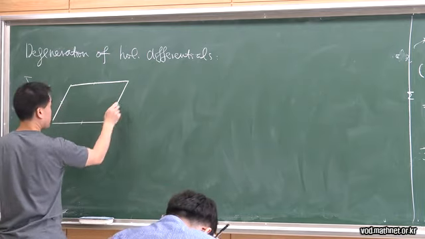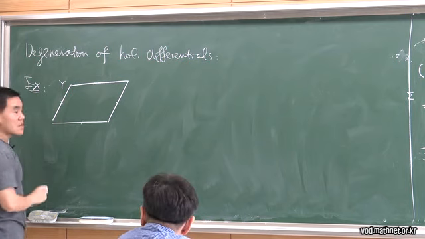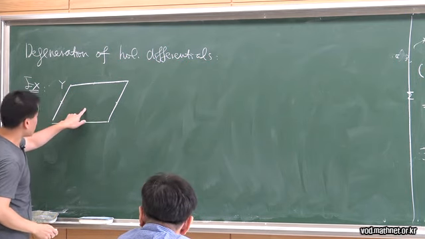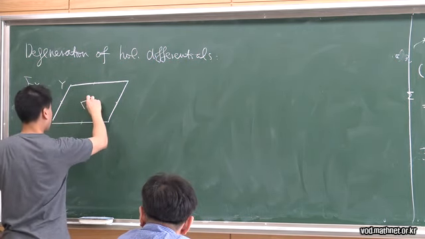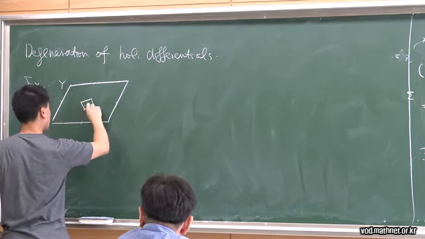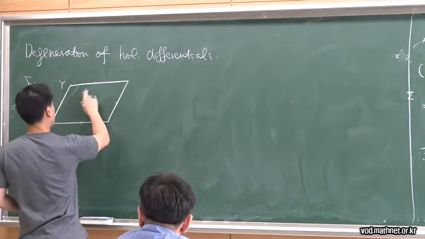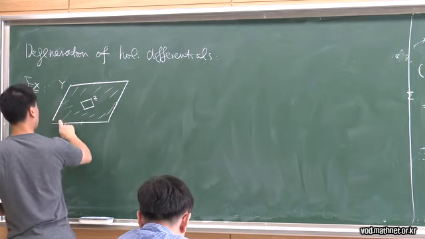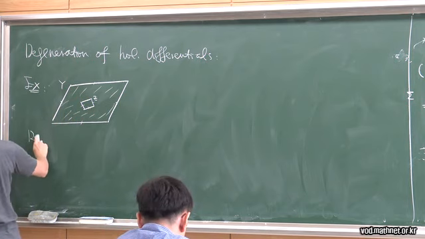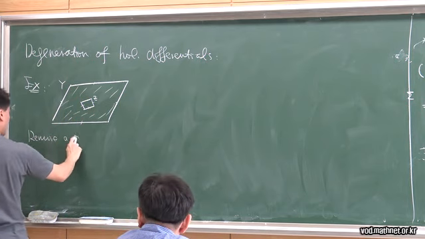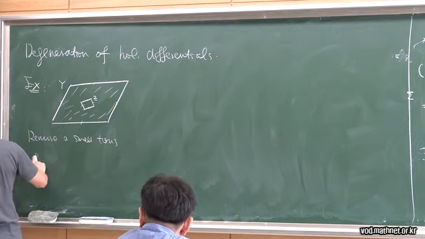Let me call it Y. Now I remove a smaller torus sitting inside Y and look at the complement. Let's call it Z. Again, Z is glued in the same way. So remove a small flat torus from a big torus.